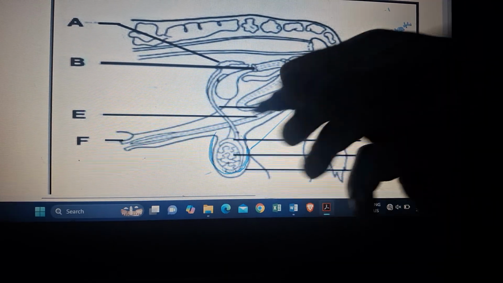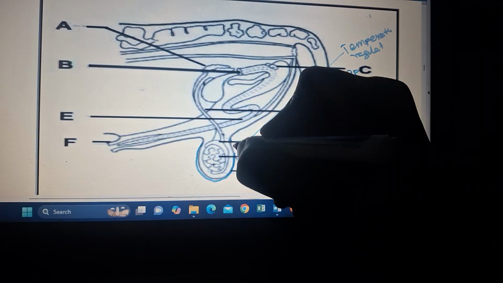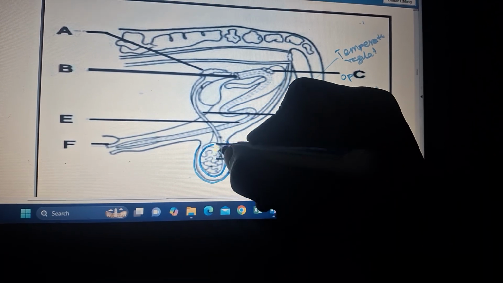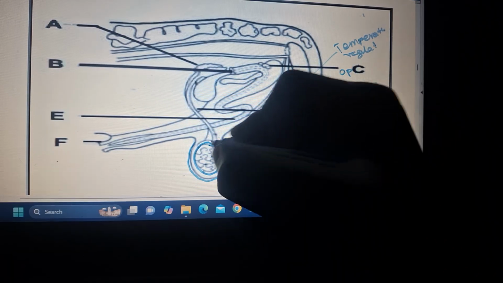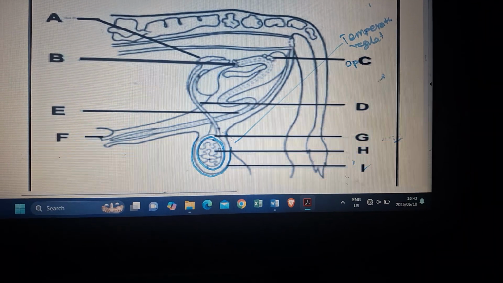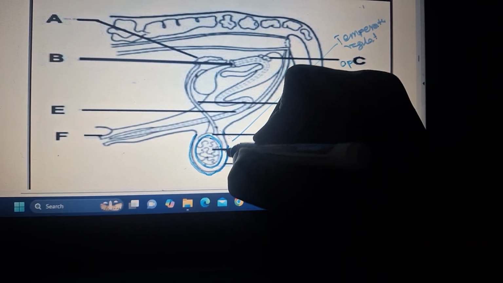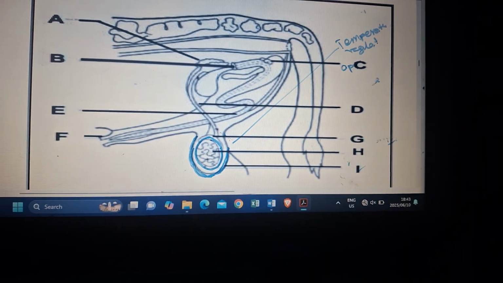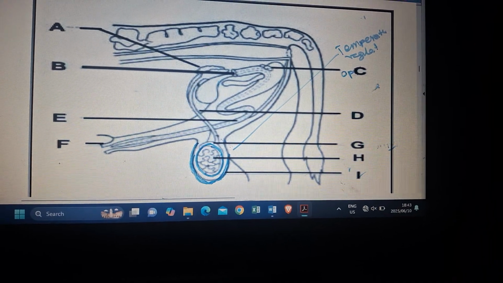This implies that the scrotum regulates or monitors the temperature of the testis. In other words, the main requirement for the testis to produce sperm is an optimum temperature. So this part, which is the scrotum, actually regulates the temperature of the testis for normal sperm production. But we'll look at it in detail.